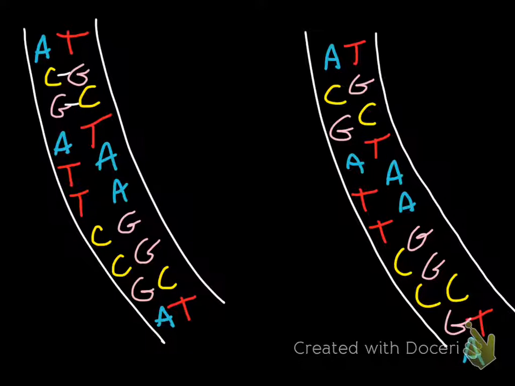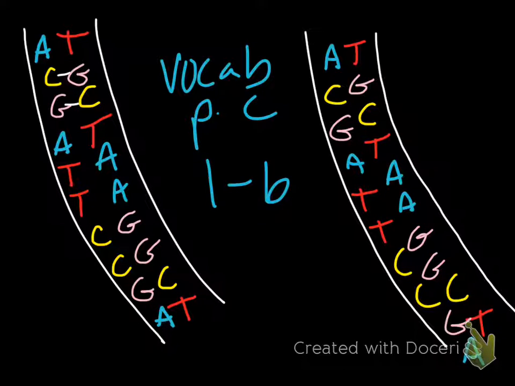Today we did words 1, 2, 3 through 6. So that's what we've done today, is words basically 1 through 6. So vocab part C, numbers 1 through 6. Okay, you're going to do that.